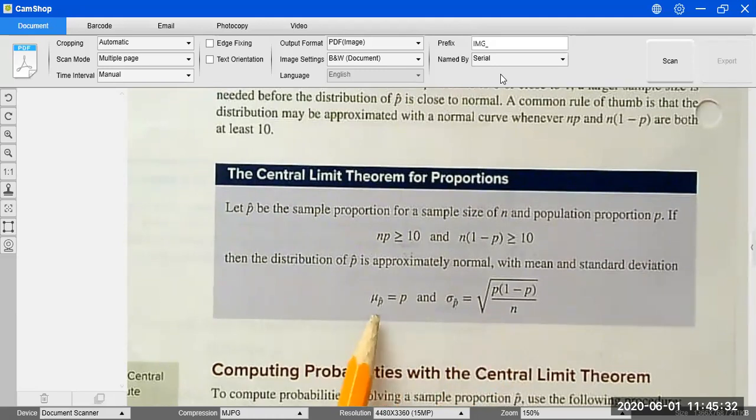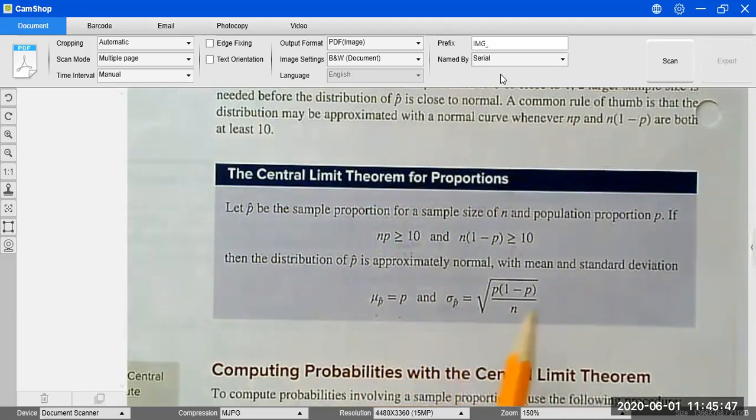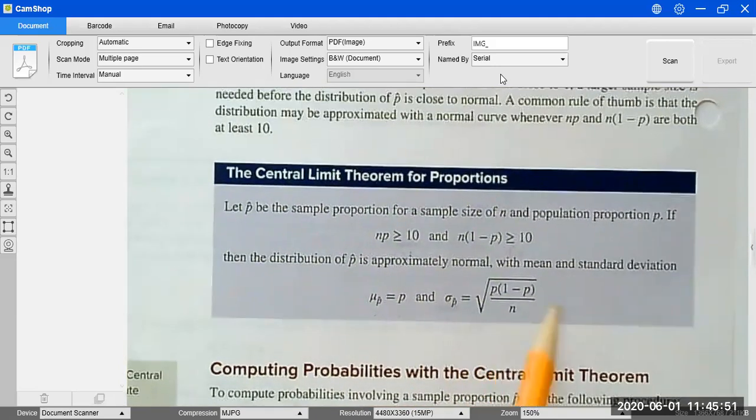That normal distribution is going to have the following parameters. The mean for those proportions is going to be equal to the proportion of the population, and the standard deviation for those proportions is going to be the square root of p times 1 minus p over n.